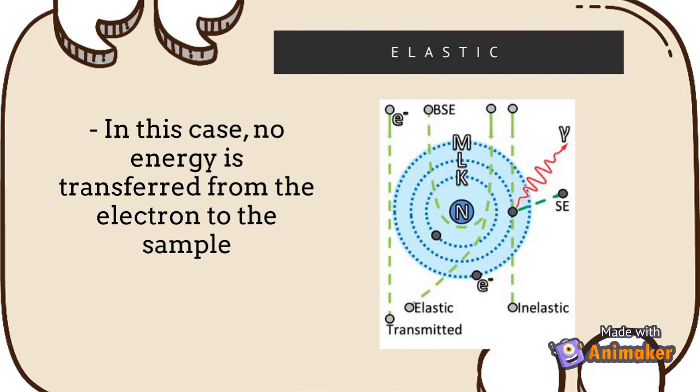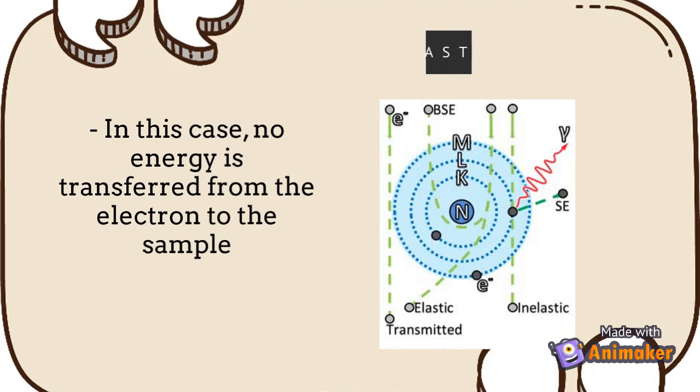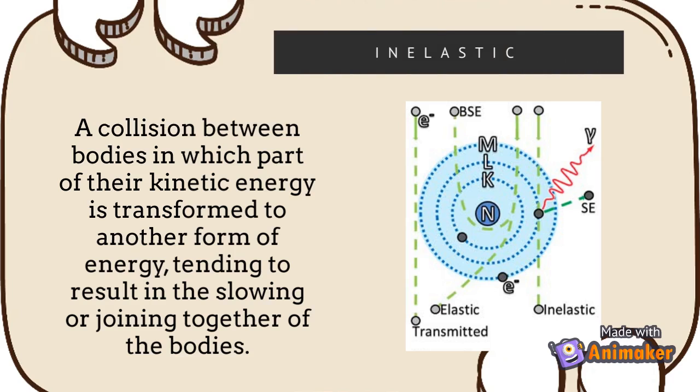In elastic interaction, in this case, no energy is transferred from the electron to the sample. In inelastic interaction, a collision between bodies in which part of their kinetic energy is transferred to another form of energy, tending to result in the slowing or joining together of the bodies.